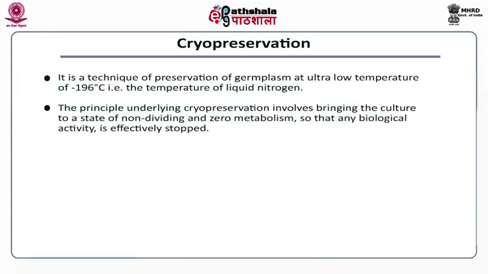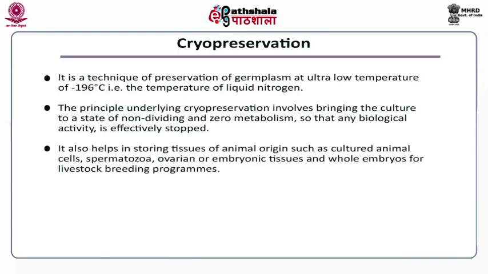The principle underlying cryopreservation involves bringing the cultures to a state of non-dividing and zero metabolism, so that any biological activity is effectively stopped. It also helps in storing tissues of animal origin such as cultured animal cells, spermatozoa, ovaries or embryonic tissues and whole embryos for livestock breeding programs.